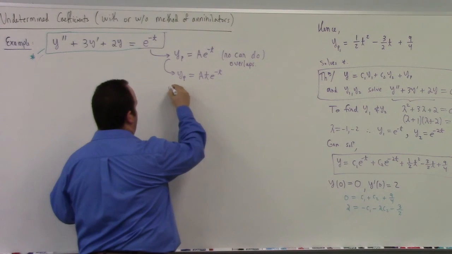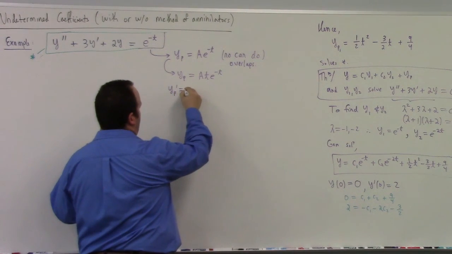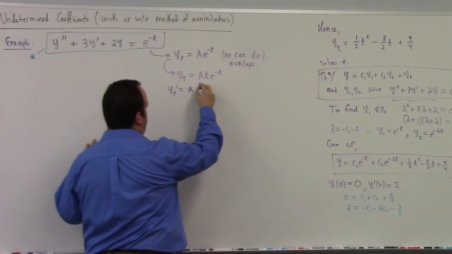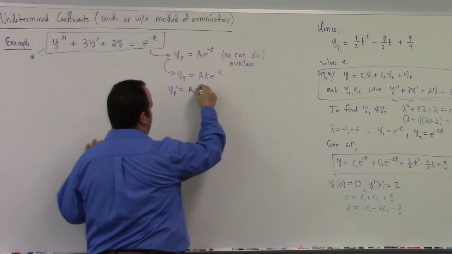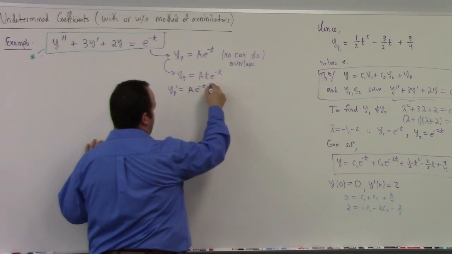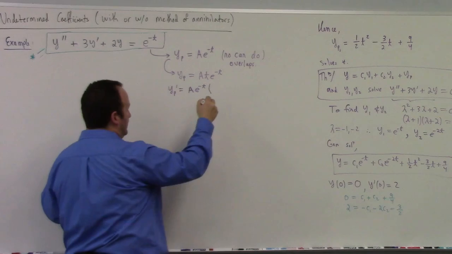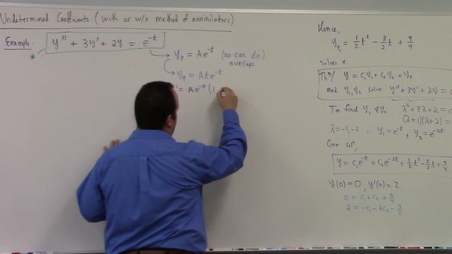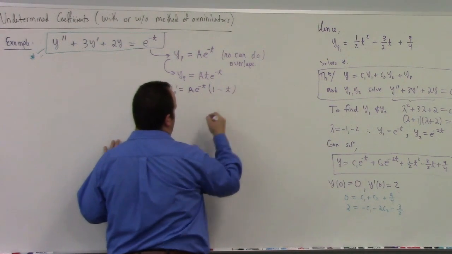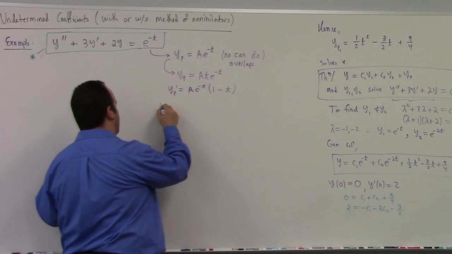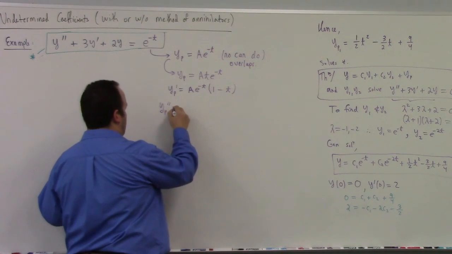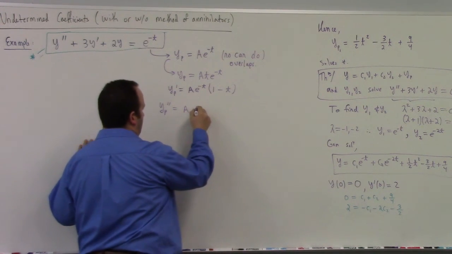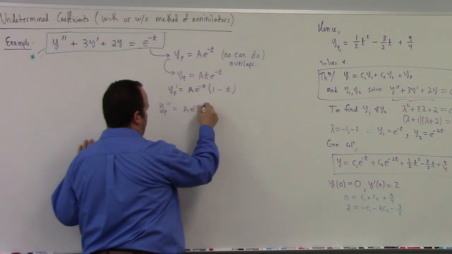So, y_p prime, I'll leave the a out front. I'll leave the e to the minus t out front too, okay? So I'm doing the product rule in my head. So that's 1 minus t. y_p prime prime, a e to the minus t, product rule in my head.